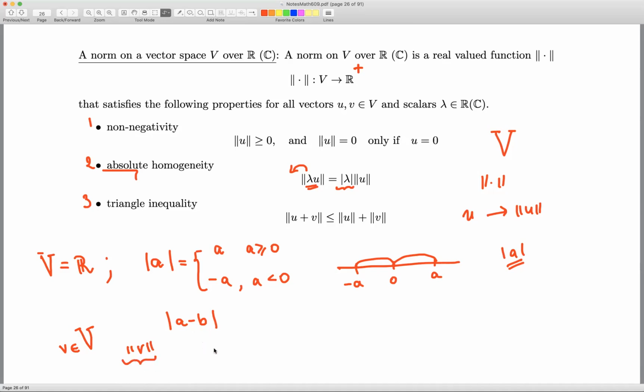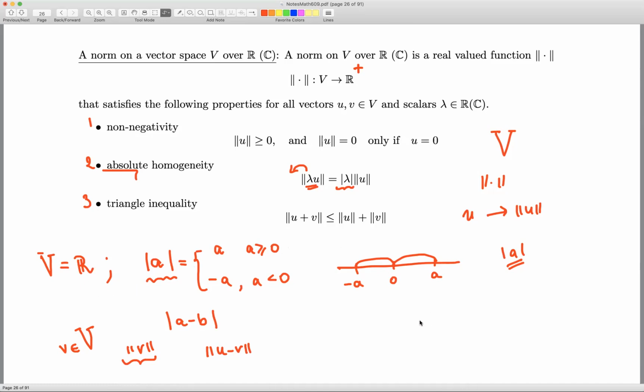And similarly as here, we measure how far apart two vectors are by measuring the norm of the difference of these two vectors. Now, if we go back to the absolute value, the question is: is it true that the absolute value is in fact a norm for the vector space R?